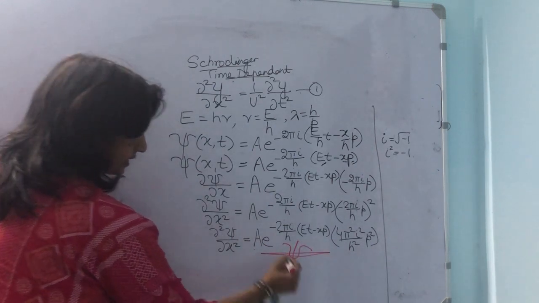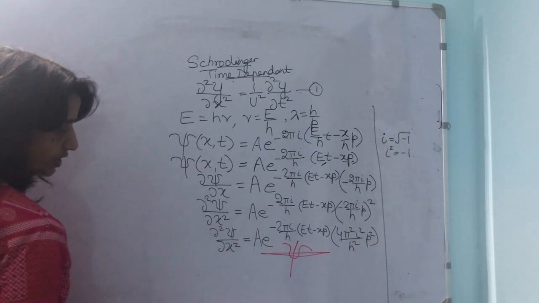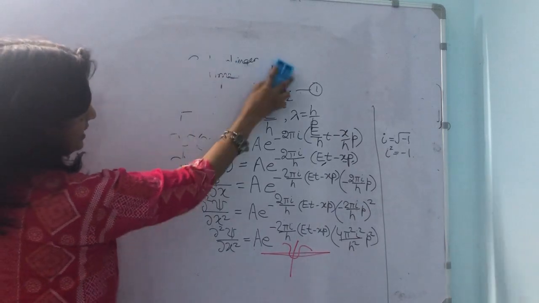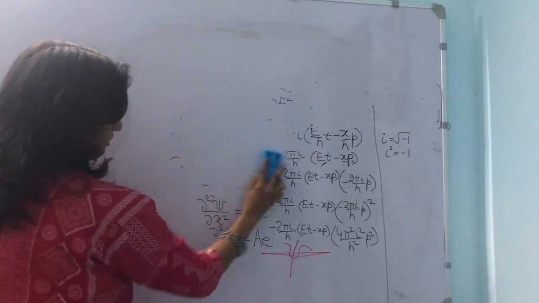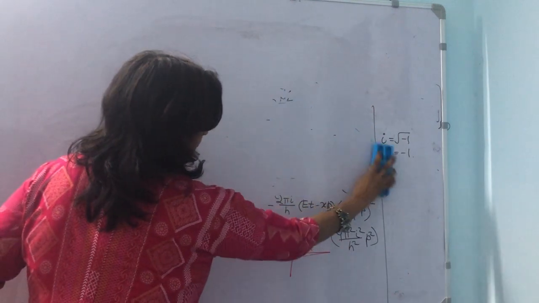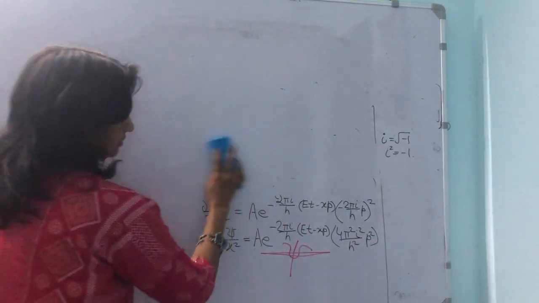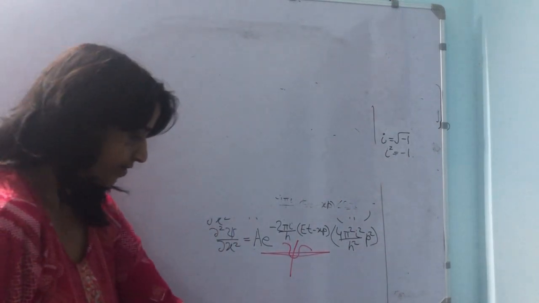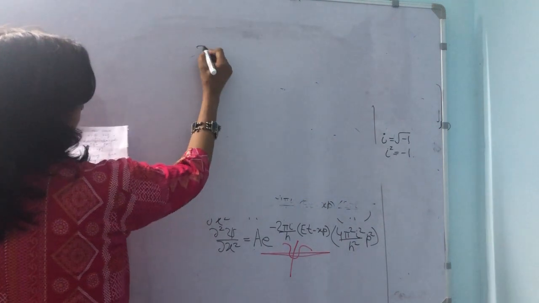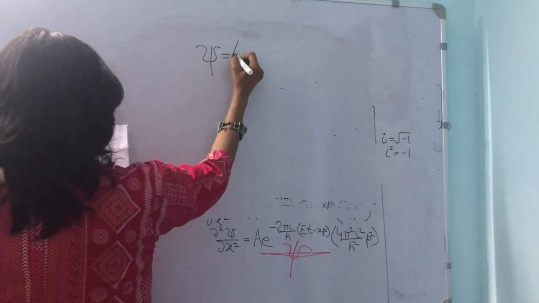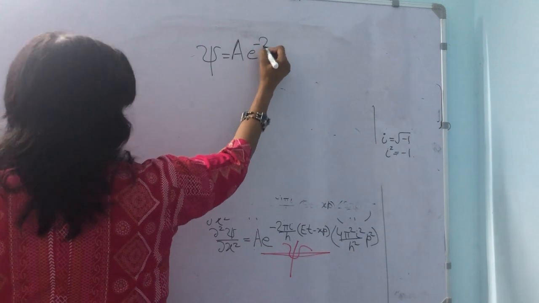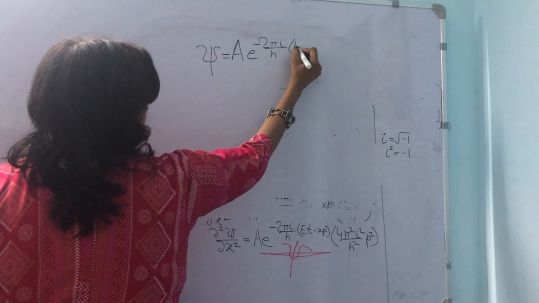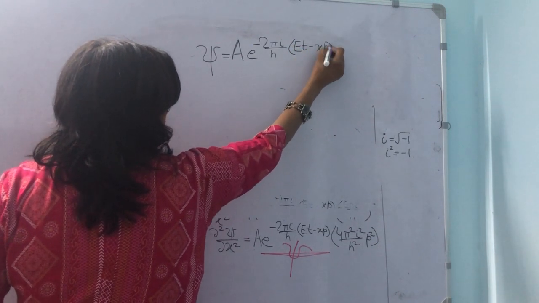This is phi itself, so this equation gets more simplified, putting phi equal to a e to the power of minus 2 pi i upon h into Et minus xp.